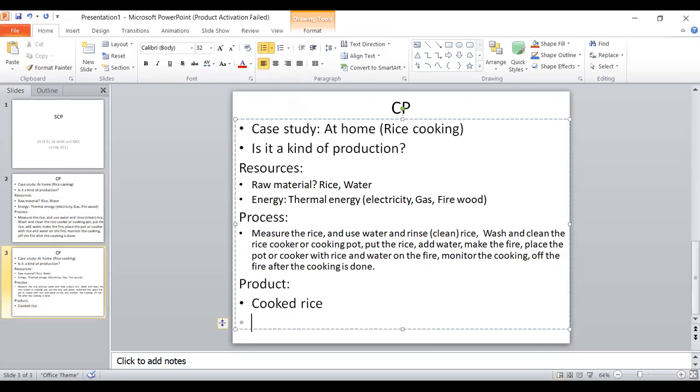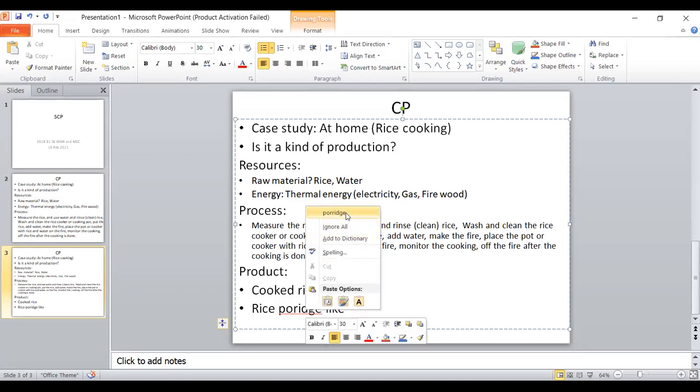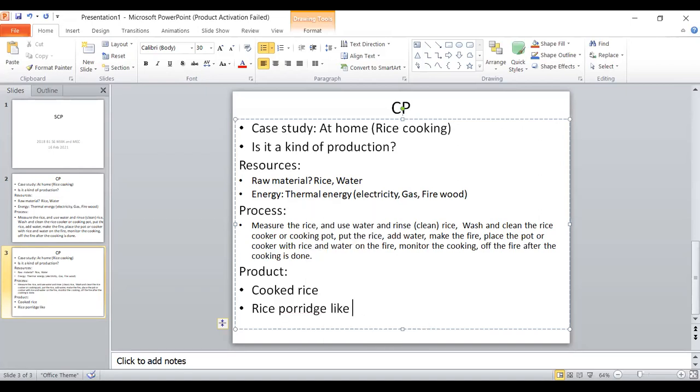When you use good quality rice, there can be rice porridge, the draining in earlier days.